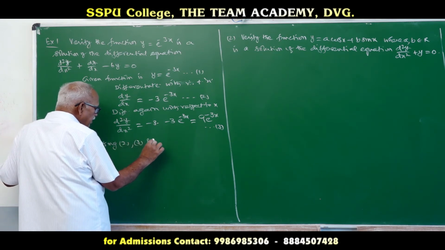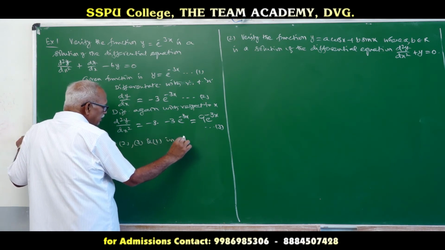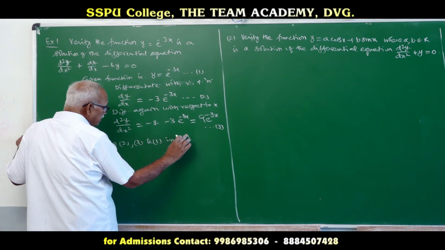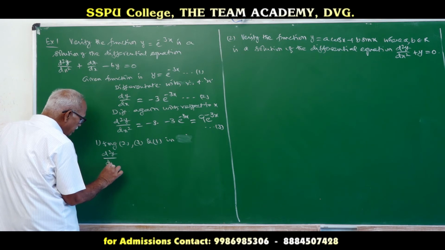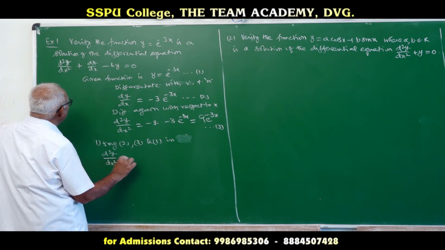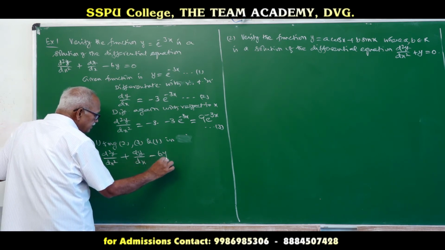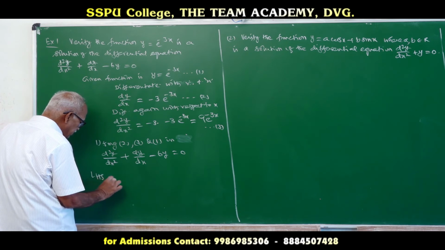Now, let us use 2, 3 and 1 in the equation d square y by dx square plus dy by dx minus 6y is equal to 0. Now, let us take LHS.